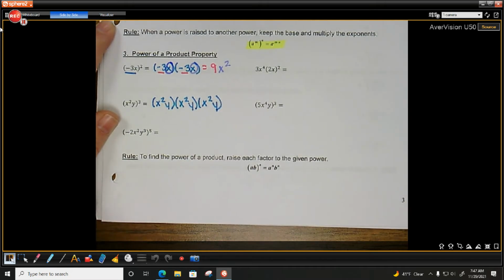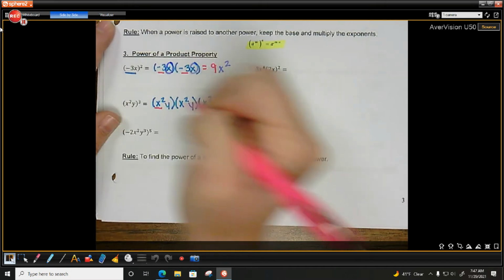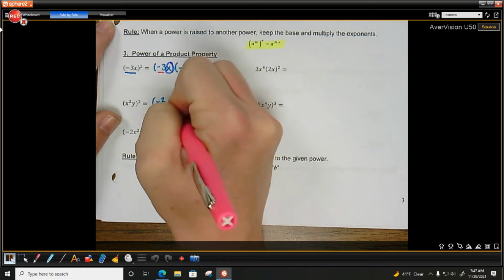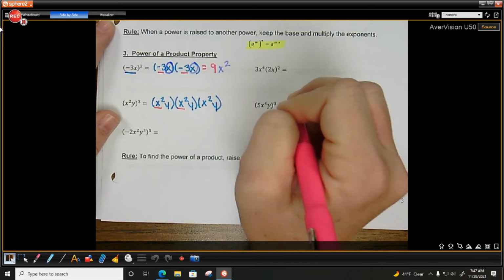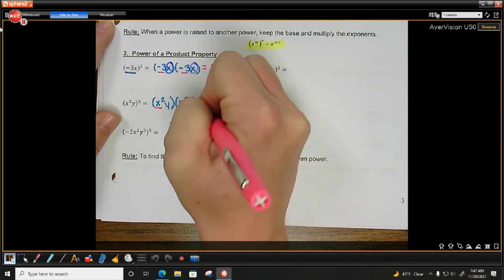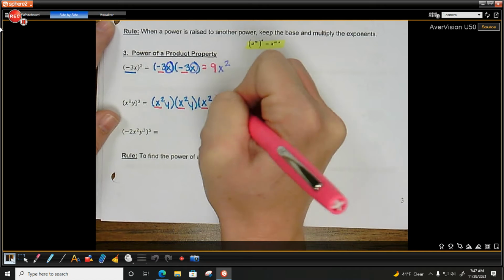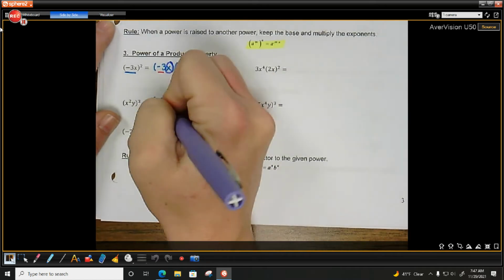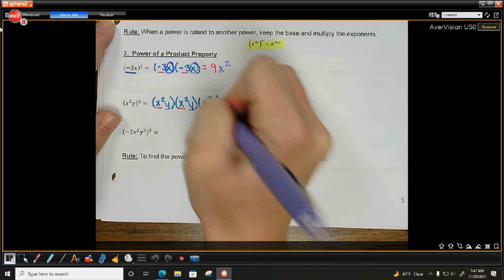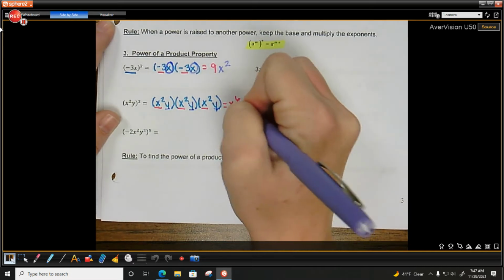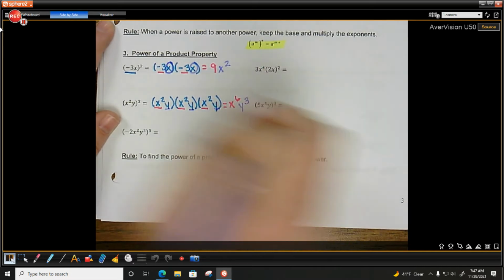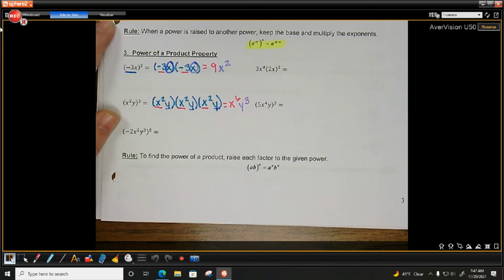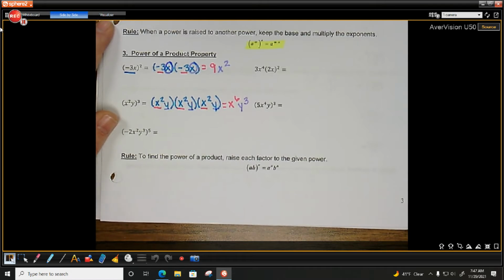How many are in my first parenthesis? 2, then 2 more, so I have 4, then 2 more. So this is x to the 6th power. And then 1, 2, 3 y's. So y to the 3rd power. We good? Done.